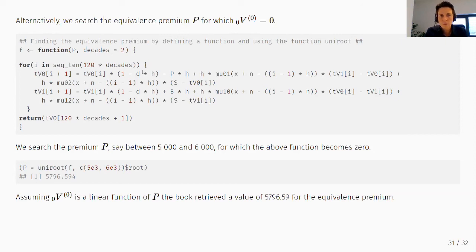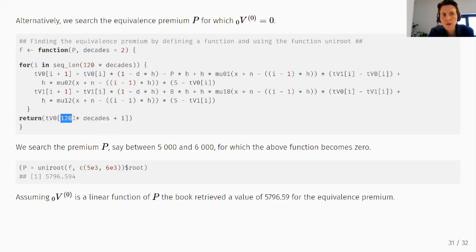And actually what I'm going to do is search for the P that makes this... I need to explain one step. I've got the same sequence here, the same backwards kind of reasoning. But what I return here is the policy value in state 0 at time 0, right?